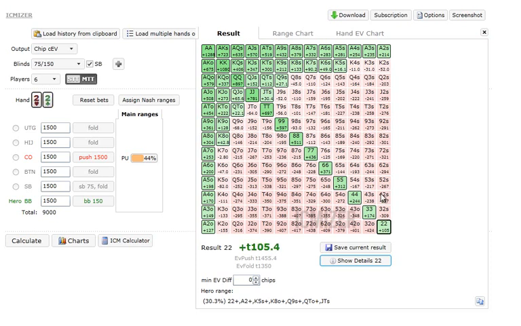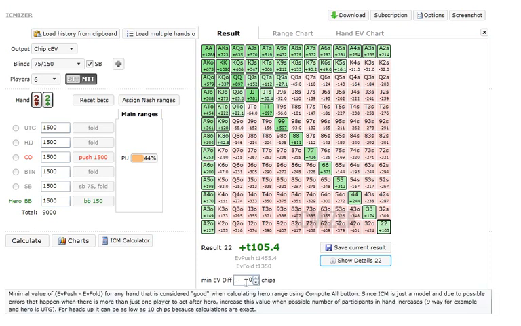So how do you determine what's the minimum edge you want to have on a hand? That's a correct question, but that's basically something which can't be easily put into a formula. This is something you need to be working on, but what I'm trying to say is that when you're pushing, you definitely can use a smaller minimum EV difference than when you're calling.